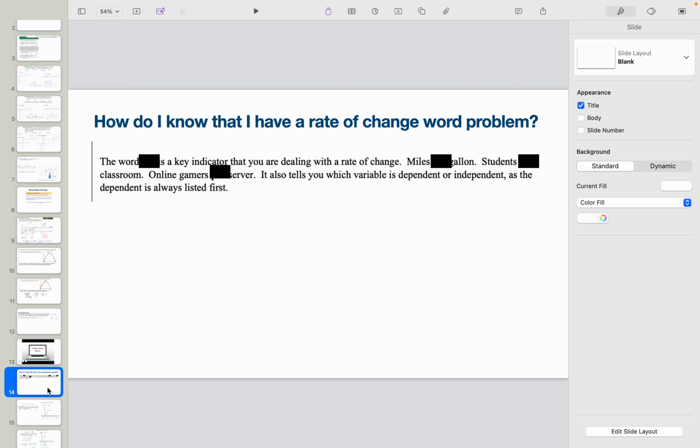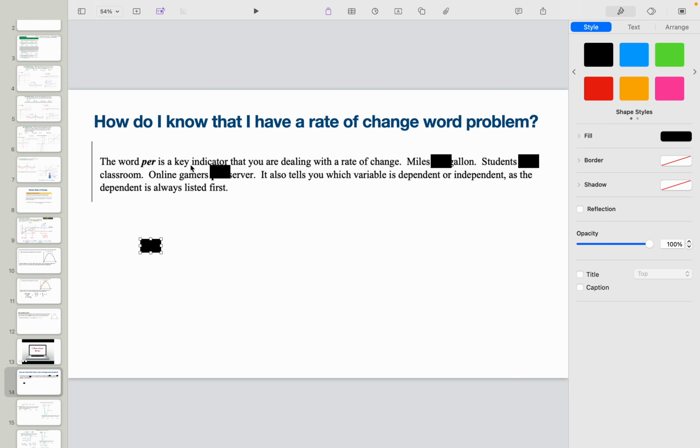Okay. A lot of times students ask me, how do I know I have a rate of change problem when I see words? So I want you to see that the word per is a key indicator that we are dealing with rate of change. Miles per gallon, students per classroom, online gamers per server. All right.